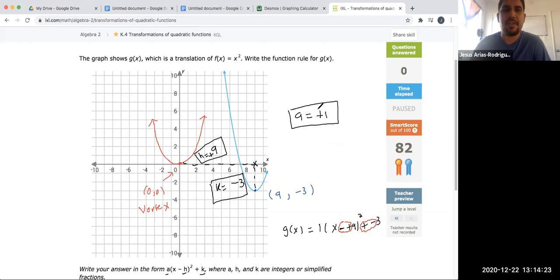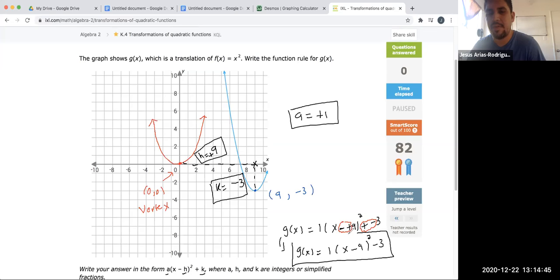And that'll be the final answer. Okay, so basically g of x will turn out to be 1 times x minus 9 and then -3. And we have the power of 2 in this parentheses. So this is the equation that determines this shape in blue of the function g of x.